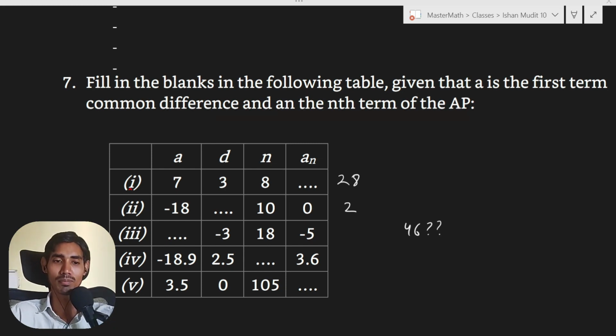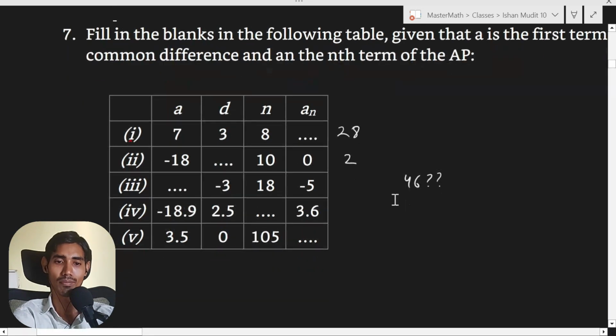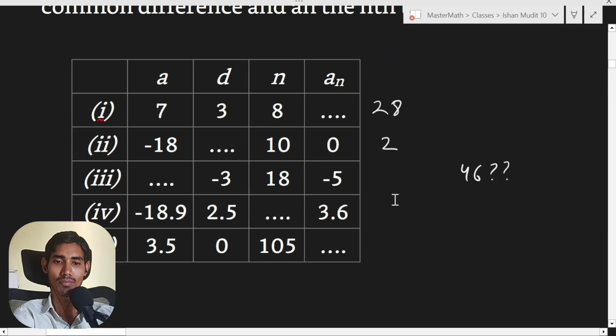Fourth one, Ishan. Sir, calculating, but can you zoom the box a little bit? The values are minus 18.9, 2.5, 3.6.